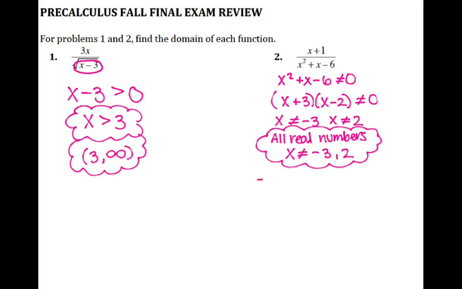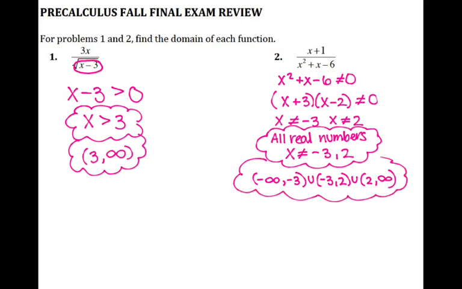That's going from negative infinity to negative 3, negative 3 to 2, and 2 to infinity. So it's basically the entire interval, except at negative 3 and positive 2, you put parentheses around it and you break it apart. So there is your interval for number 2.